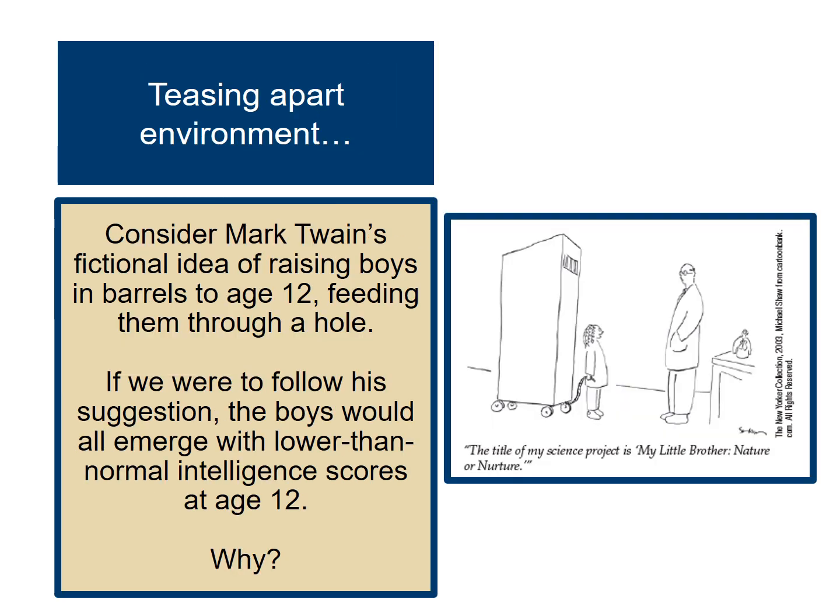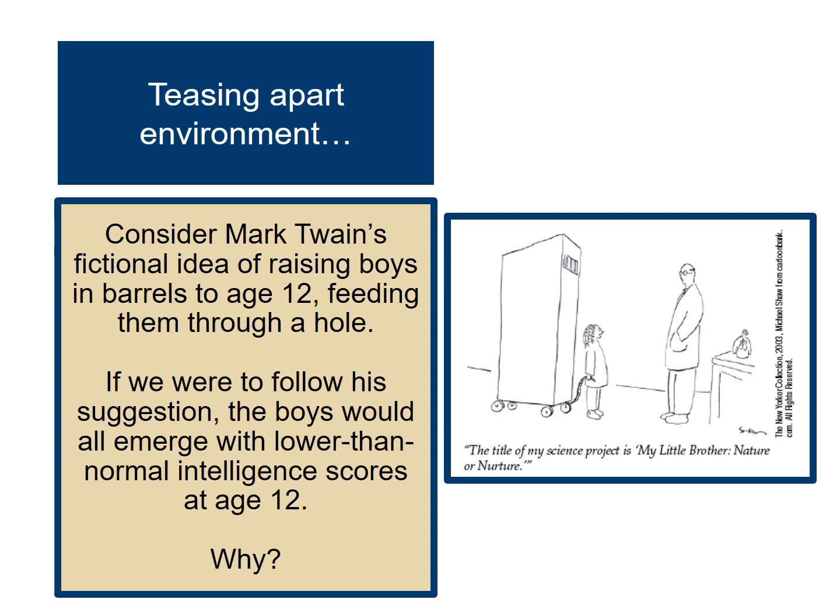So, teasing apart the environment. Consider Mark Twain's fictional idea of raising boys in barrels to age 12, feeding them through a hole. If we were to follow his suggestion, the boys would all emerge with lower than normal intelligence scores at age 12. Why? Look at the cartoon there.